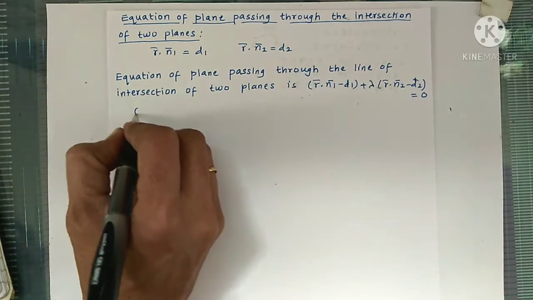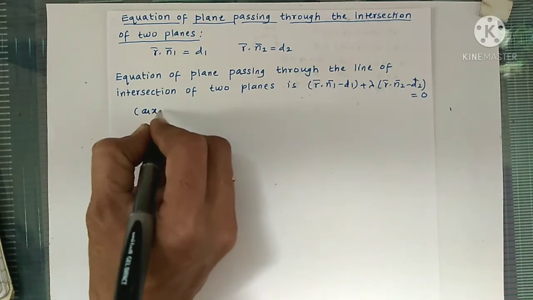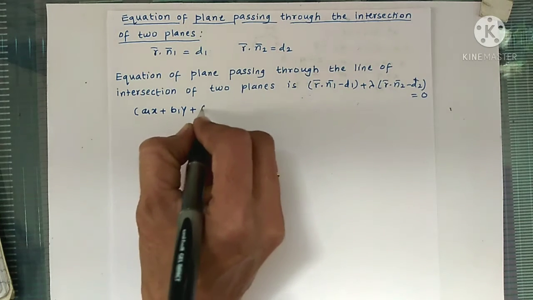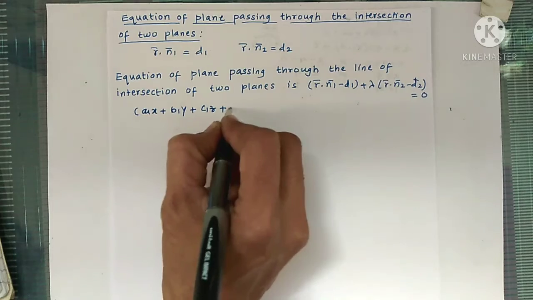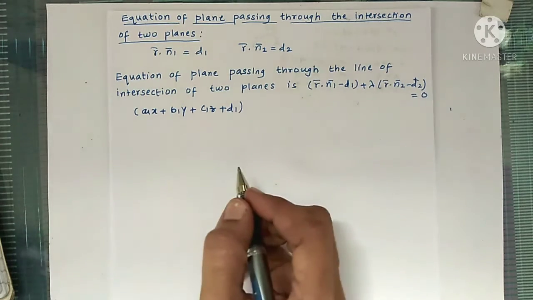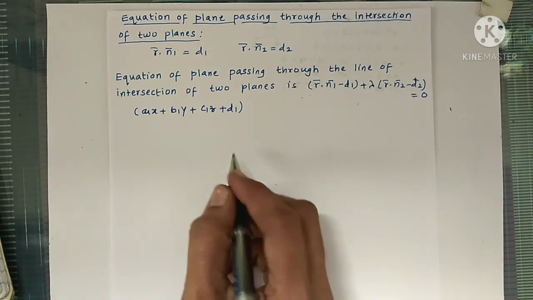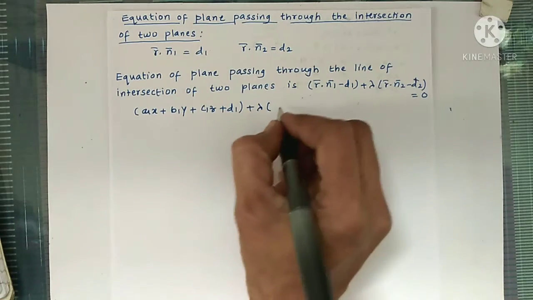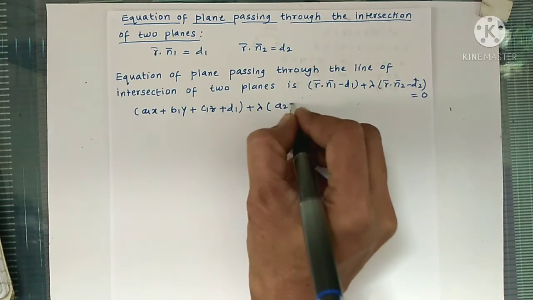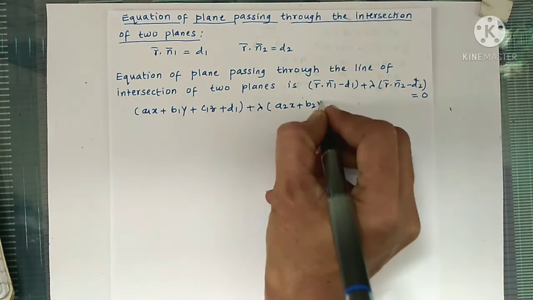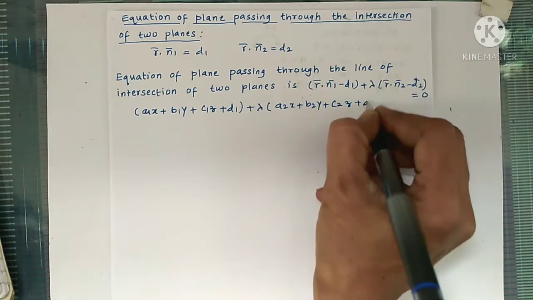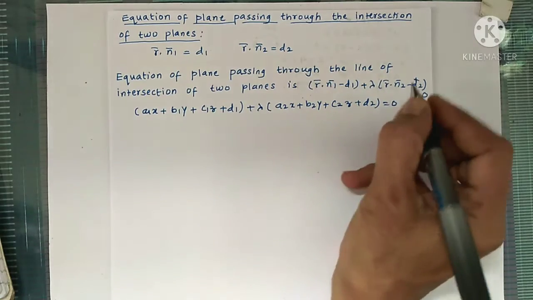If Cartesian form is given, then this equation would be a1x plus b1y plus c1z plus d1, the first plane's equation, plus lambda into the second plane's equation, say a2x plus b2y plus c2z plus d2, equal to 0.